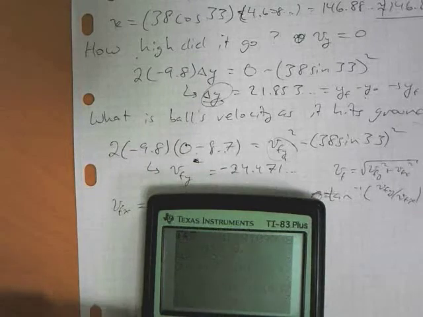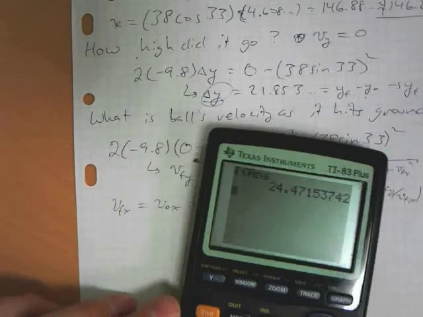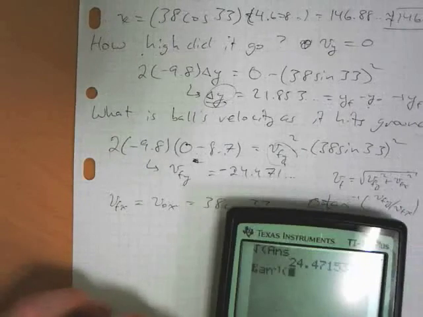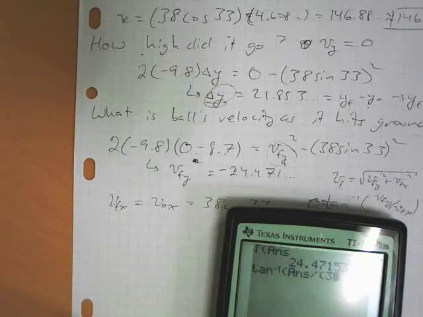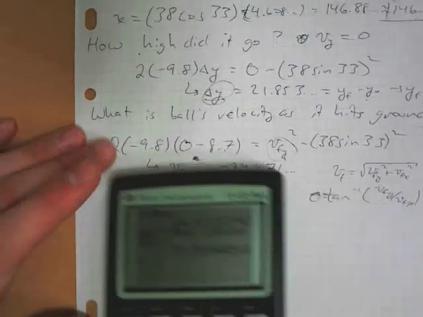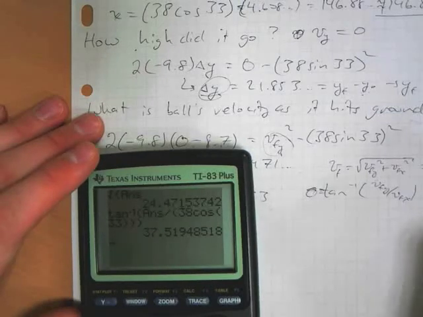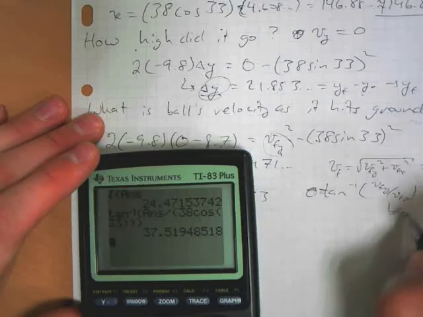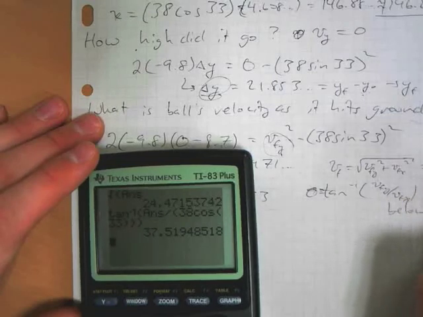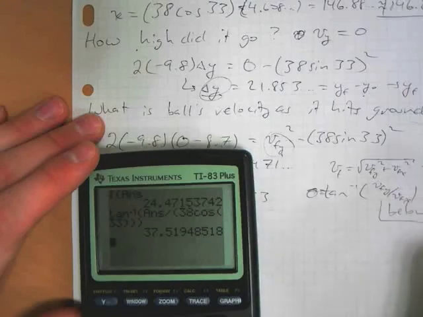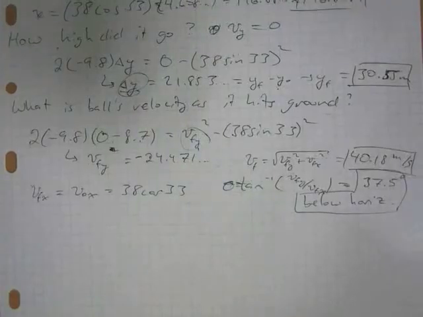That's our y velocity. So arctan answer over 38 cosine 33. And we get 37.5, etc. degrees. And that's going to be below the horizontal because our y velocity is negative and our x velocity is positive.